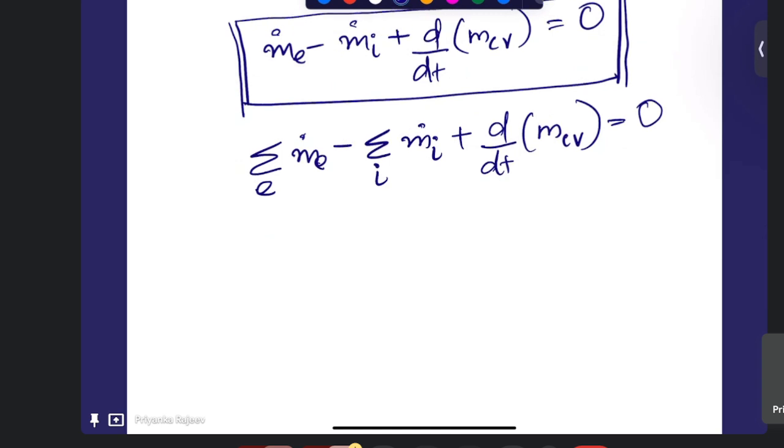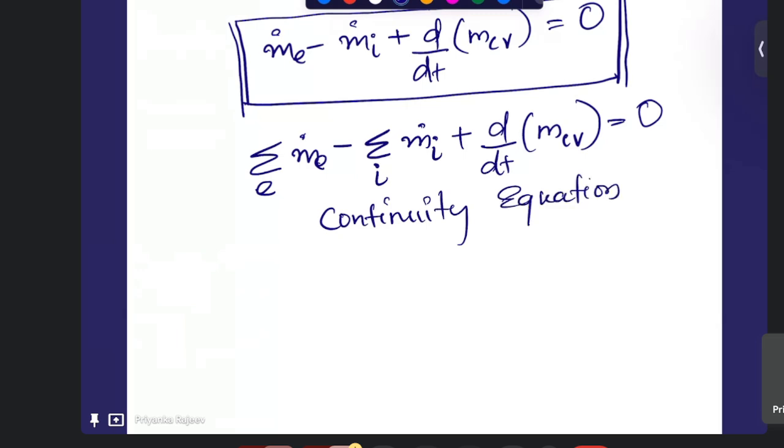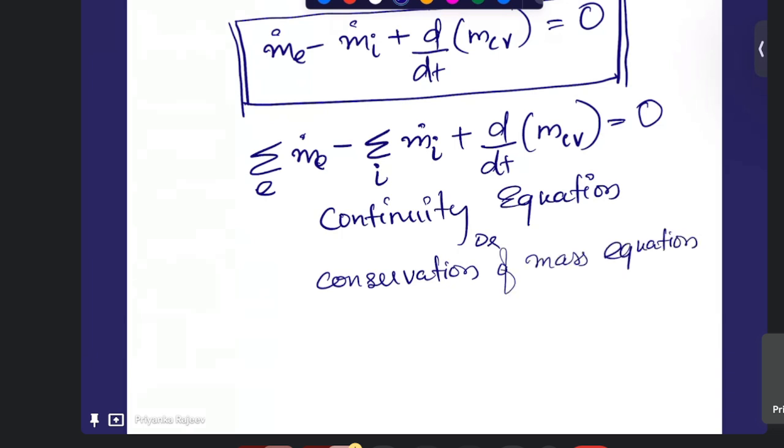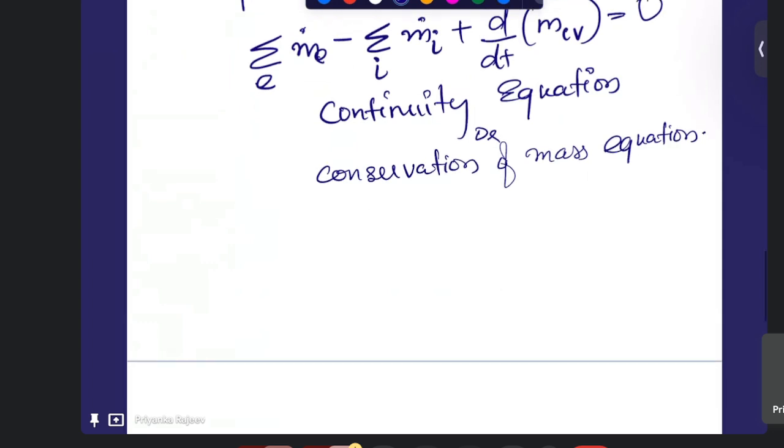Okay. So this is widely known as the continuity equation, or conservation of mass equation for a control volume.